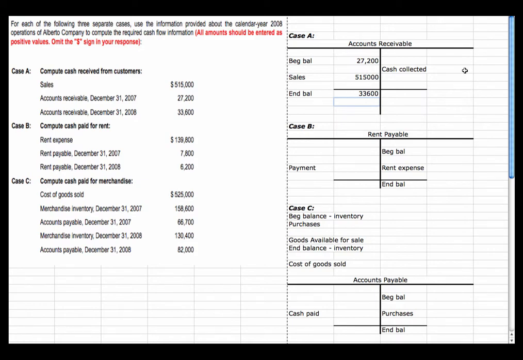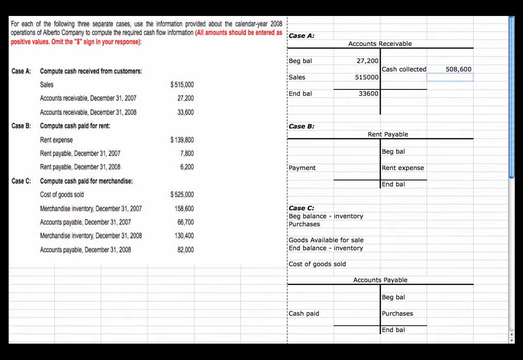Therefore, in order to figure out how much cash I collected, I could create a formula: take my beginning balance, plus my increase, which is my sales, minus what's left over, which is my ending balance, and that would tell me how much cash I collected.